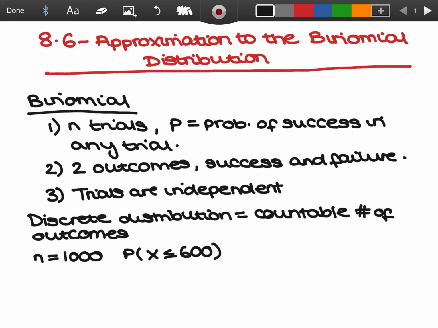Now, if you think back to when we did this, all we did was we went to our calculator and we've got this less than or equal to here. So we knew that we could use Binomial Cdf in our calculators. And all we would have to do is type in number of trials, in this case 1,000. You would type in the value of p, which if you're tossing a coin would be 0.5, your probability of success, your probability of getting heads.